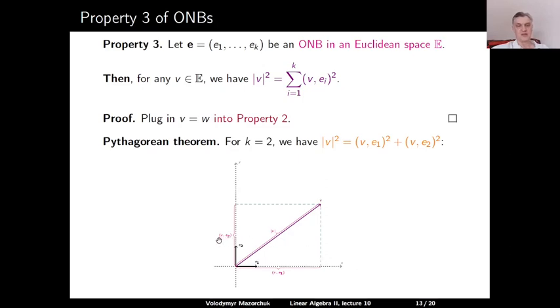And similarly, the scalar product between v and e_2 is the length of the projection of v onto the y-axis. And then this property says that if you look at this triangle on the picture, then the square of this side is equal to the sum of the squares of this side and this side. And the main point is that the vectors e_1 and e_2 are orthogonal, so this angle is 90 degrees. And we get exactly the Pythagorean theorem.